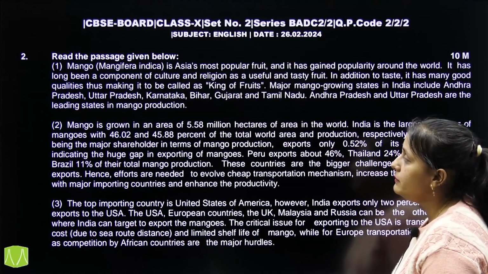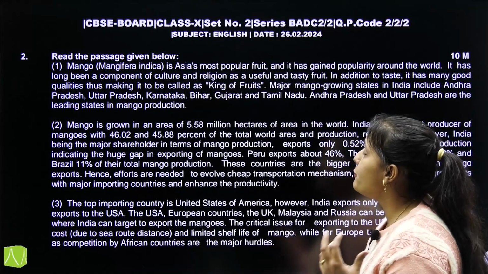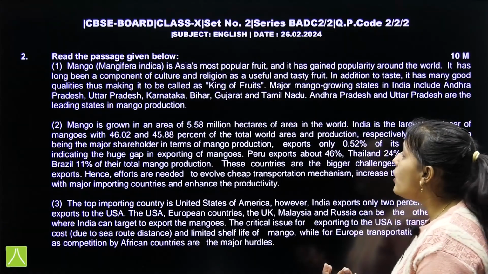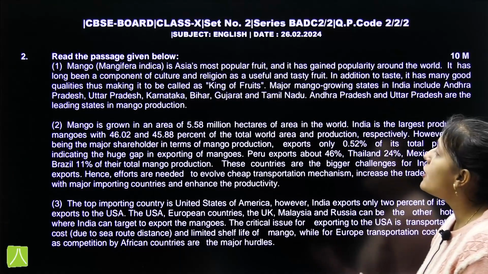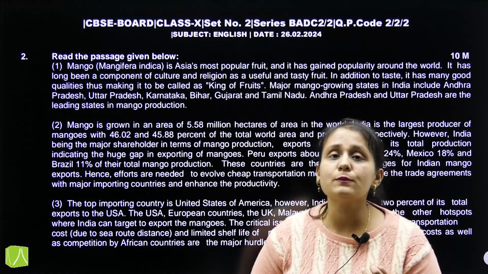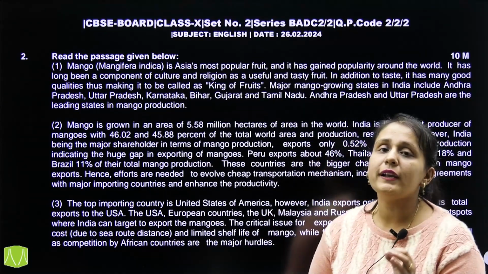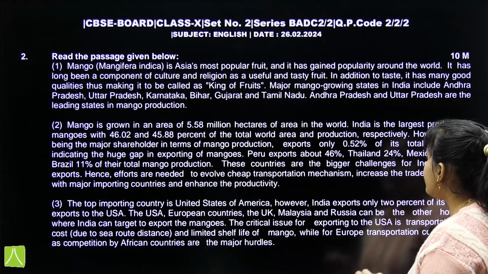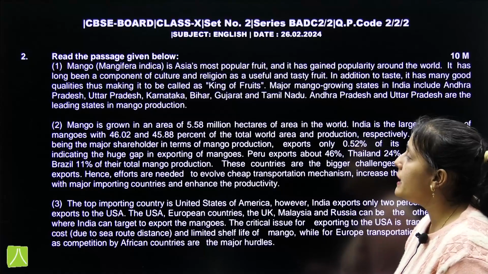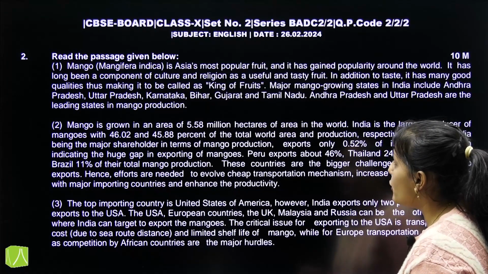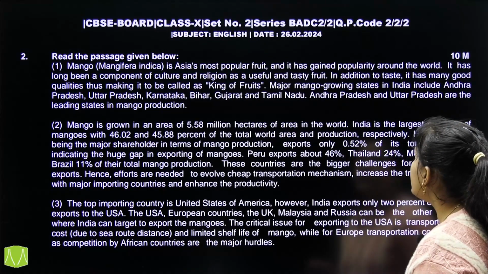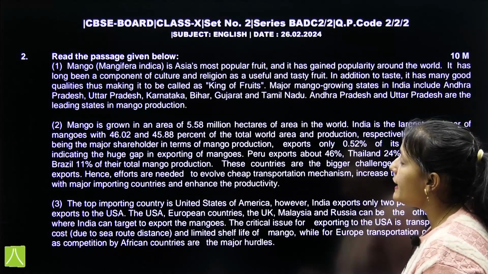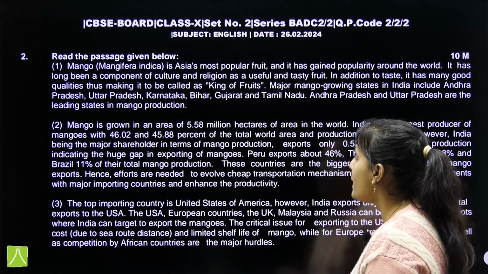Second paragraph, mango is grown in an area of 5.58 million hectares of area in the world. India is the largest producer of mangoes with 46.2 and 45.88% of the total world area and production, respectively. However, India, being the major shareholder in terms of mango production, exports only 0.52% of its total production, indicating the huge gap in exporting of mangoes.